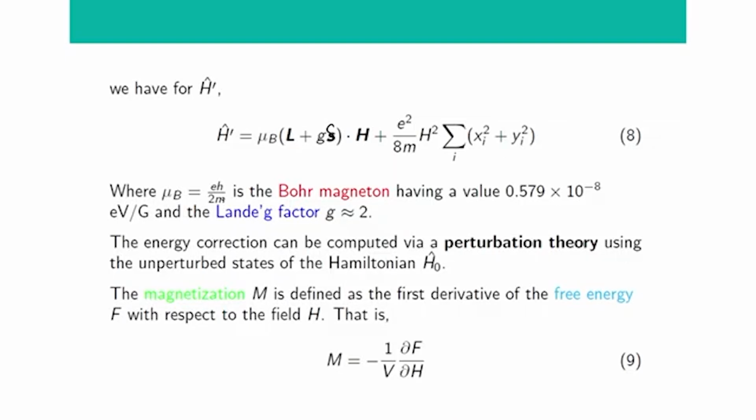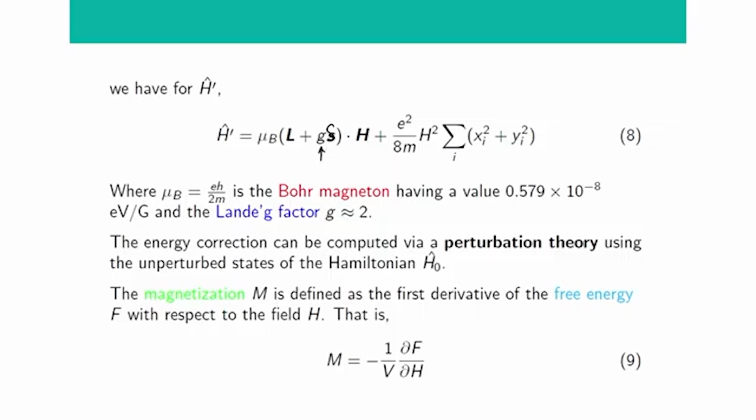Then mu_B is equal to eH over 2m, and so this has a value which is 5.58 times 10 to the power minus 8 electron volt per Gauss, and the Lande g factor that you see here is approximately equal to 2. There is some correction to that, let us not worry about it now.